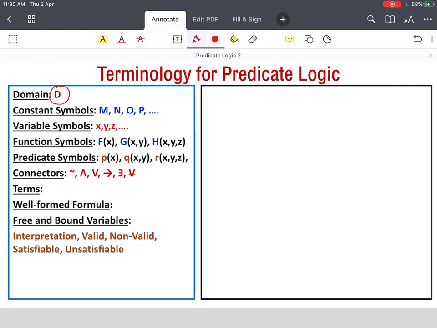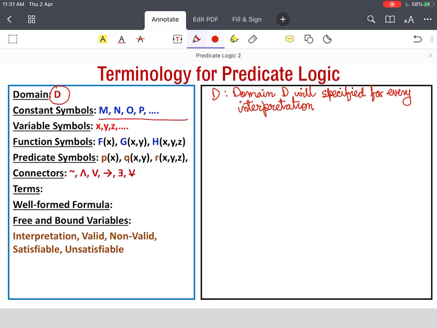In predicate logic, we assume a domain D. This domain will be specified for every interpretation. Then we have a set of constant symbols. In our methodology and our terminology, we will write constant symbols with uppercase letters.